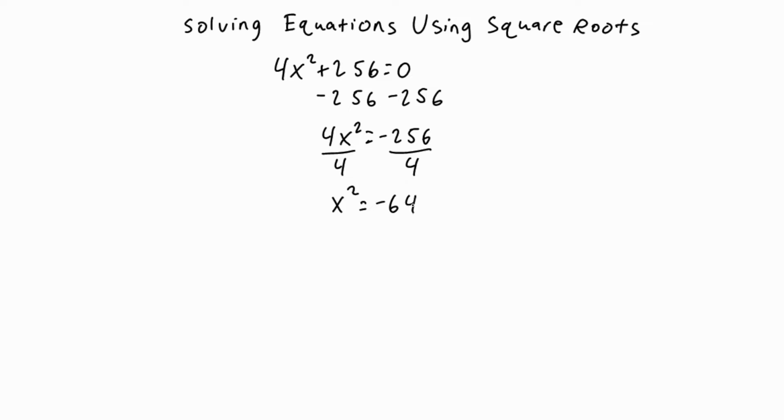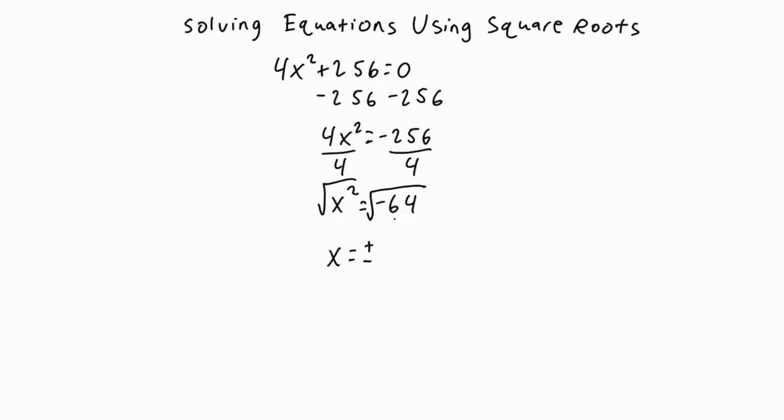Then it's x squared, so to undo that, we take the square root of both sides. This is the key part of the square root method. So on the left, you get x. And then on the right, whenever you take the square root of both sides, you need to end up with a plus or minus.